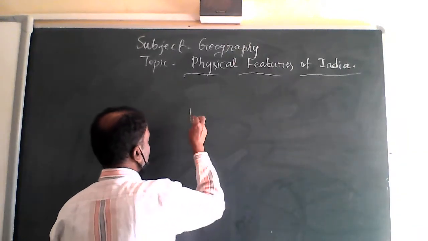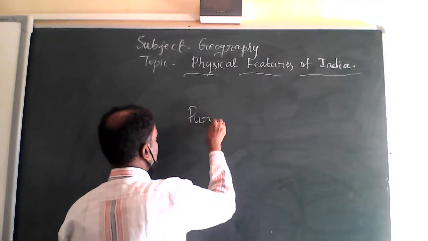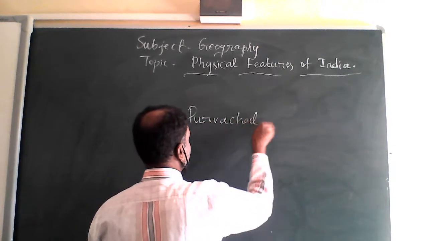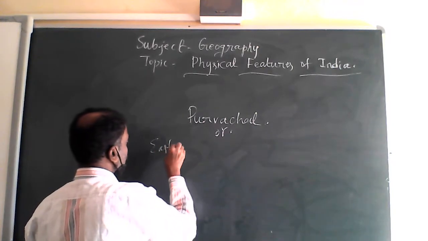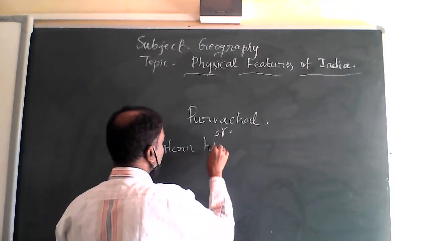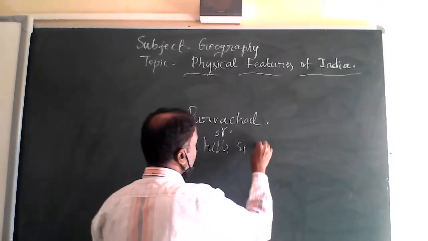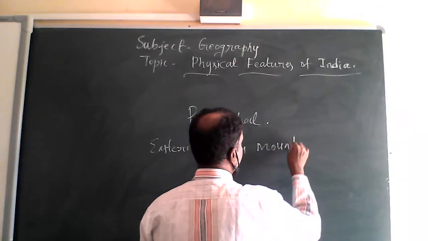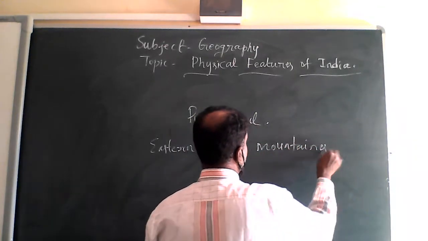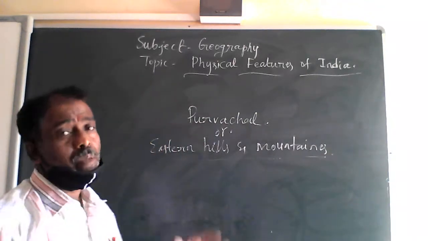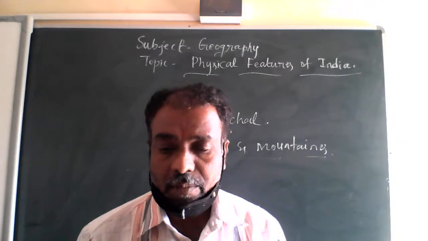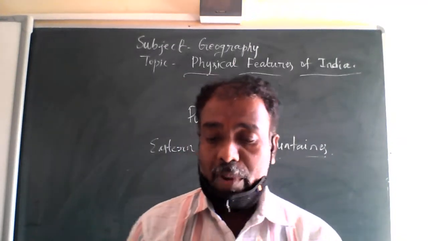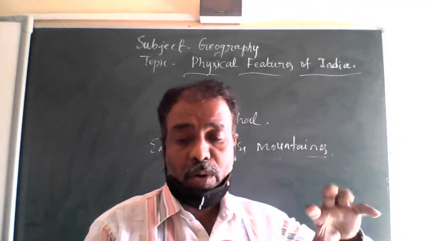Purvachal are also called Eastern Hills and Mountains. For which area do we use the name Purvachal, or Eastern Hills or Mountains? The Brahmaputra marks the easternmost boundary of the Himalayas.